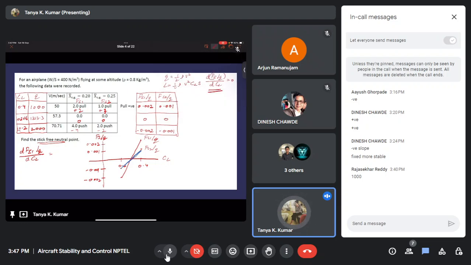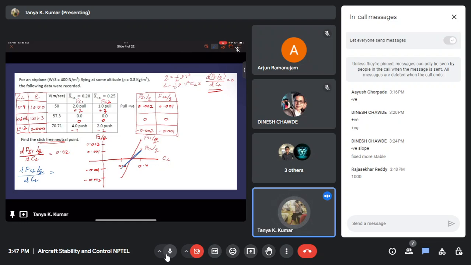Slope of the red line is, you can just take two points. We have three points, but you can just take the first and the last point for simplicity. y2 minus y1 by x2 minus x1. It's just the slope of the straight line. So I'm getting 0.02. What about the blue line? dFs2 by q by dCL.